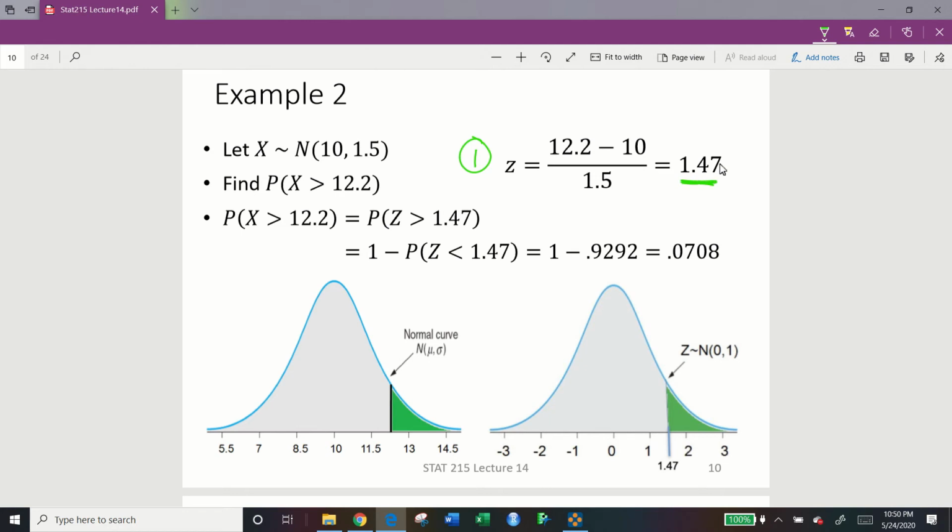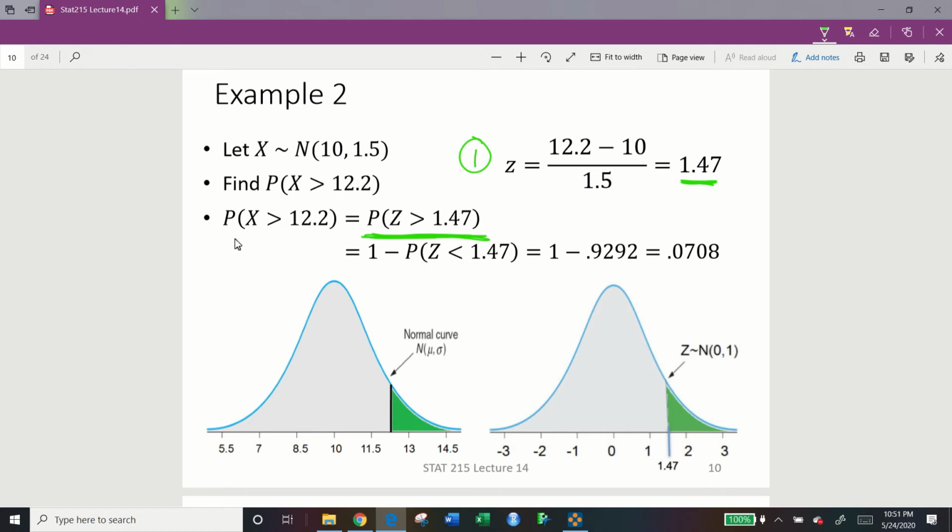What this means is that finding the probability of x greater than 12.2 is equivalent to finding the probability of z greater than 1.47. When we find probabilities using our z-table, remember those probabilities are for the area to the left of the curve.